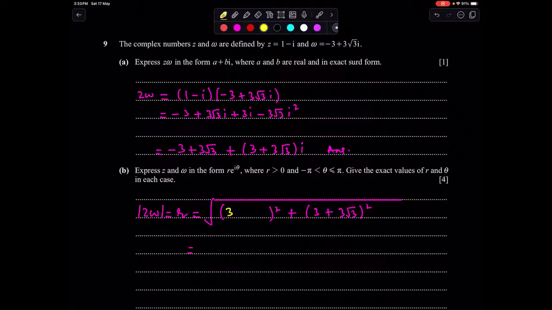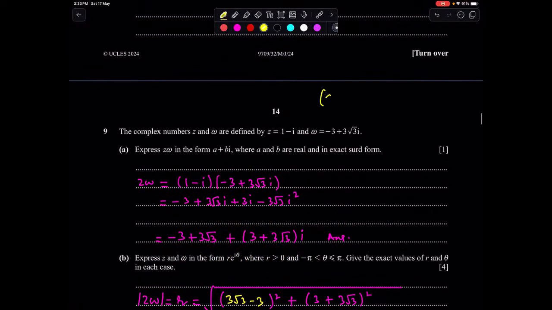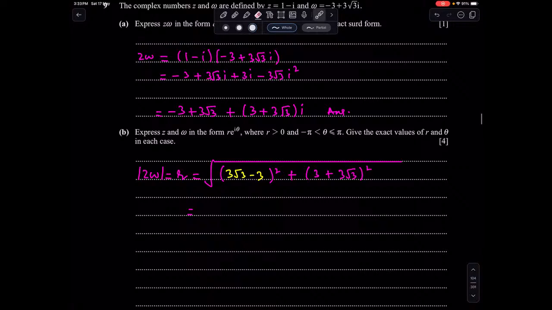Write this as 3 root 3 minus 3. One very important thing, if we have a minus b whole square, then we can write this as b minus a whole square. They both mean the same thing. But to keep the calculation simple, I just switch them.